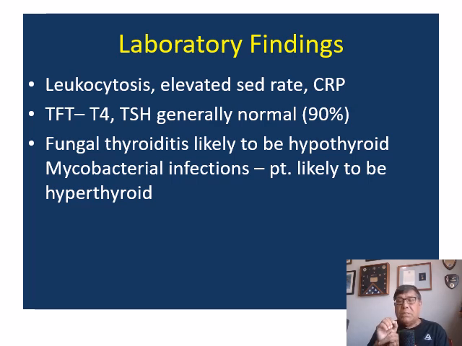So that 10% that I mentioned: those who have fungal infection are likely to be hypothyroid, and with mycobacterial infection the patient is likely to be hyperthyroid, but these are transient. Once you take care of the problem, the patient becomes euthyroid.